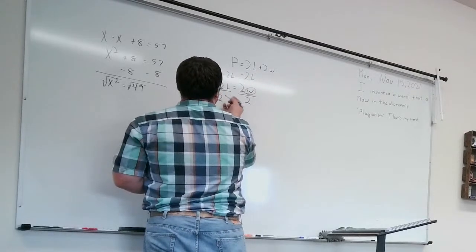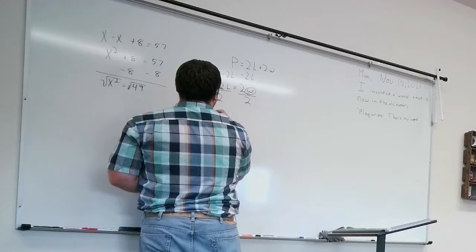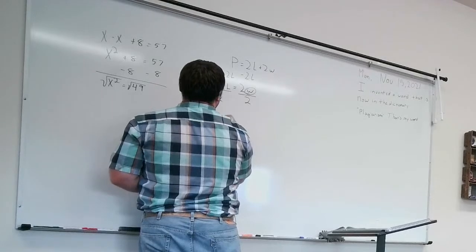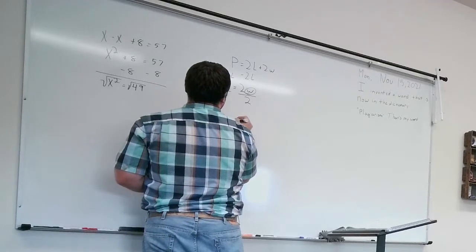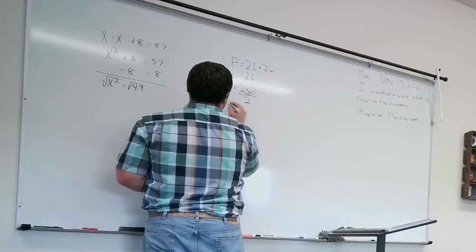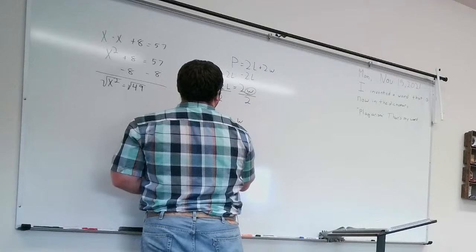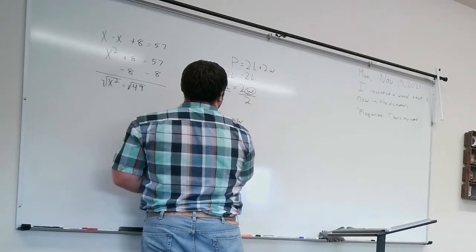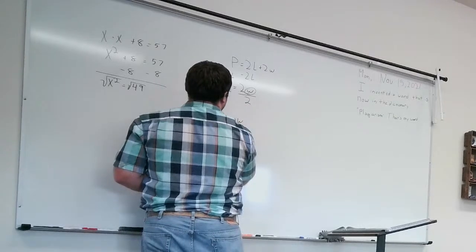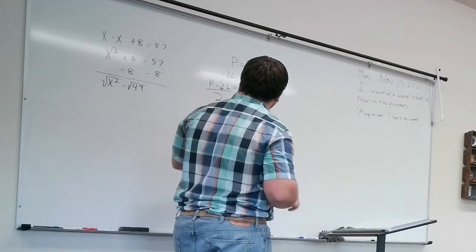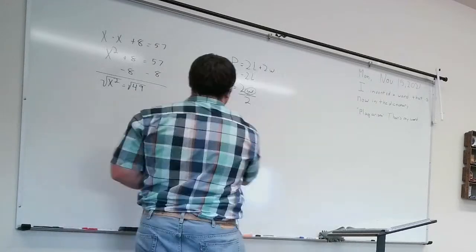You see, you have P over 2 minus L equals W. Or you can go P minus 2L. This is the way they have it.